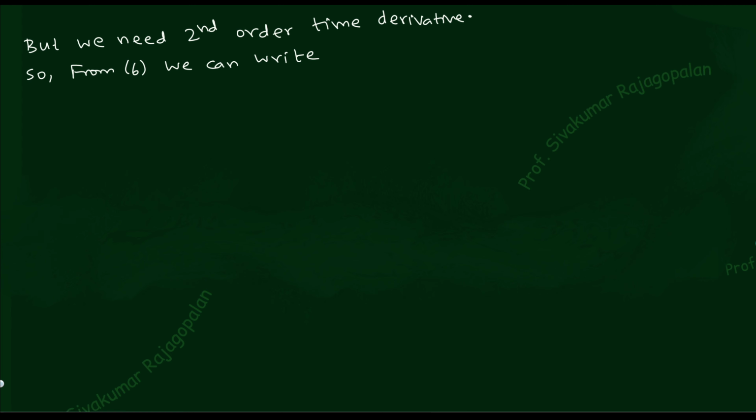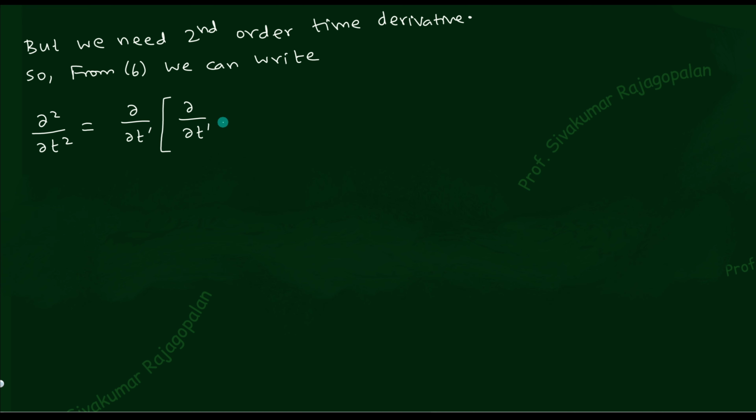So we can write the following: the second order partial derivative ∂²/∂t² will be equal to, now I am applying the chain rule, remember this. ∂/∂t' of whatever expression you got, which I am copying: minus v into ∂/∂x'.